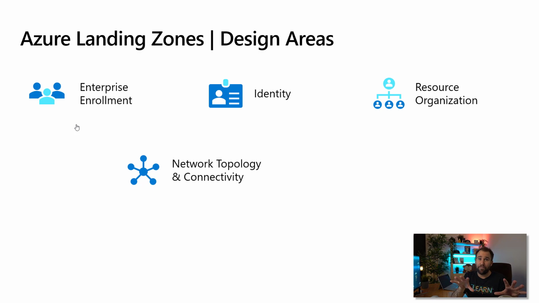How do I set up my virtual networks, for example, in a hub and spoke networking design? How do I implement network peering, and how do I make sure that all these services can work together? So I can, for example, have shared services connecting with different applications and subscriptions with different virtual networks.